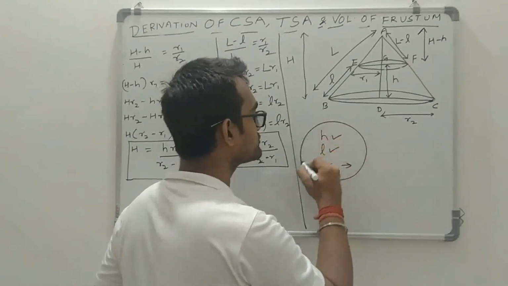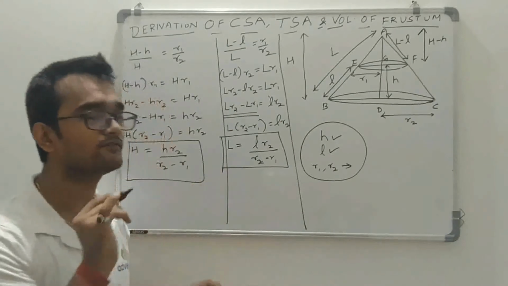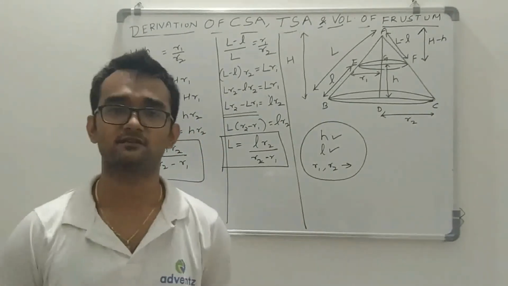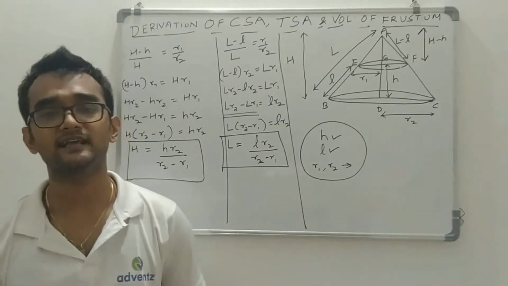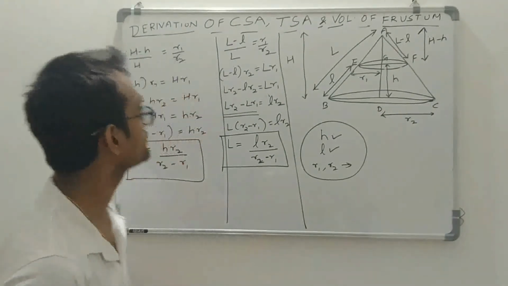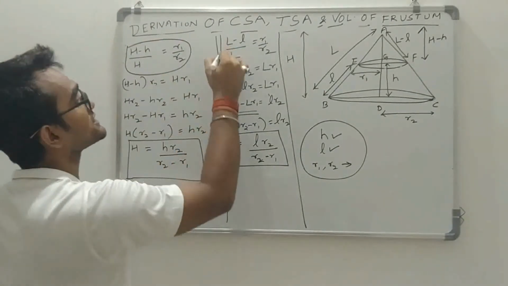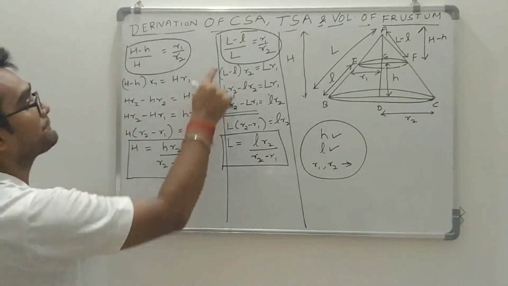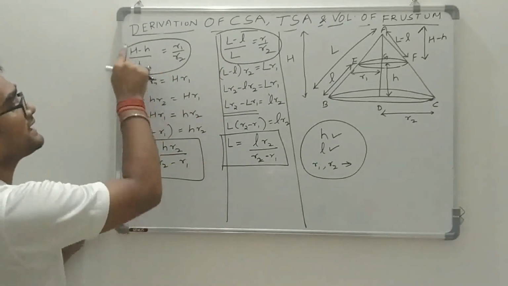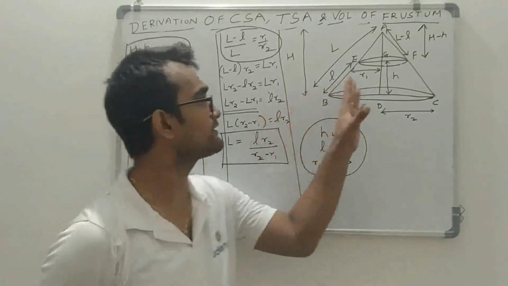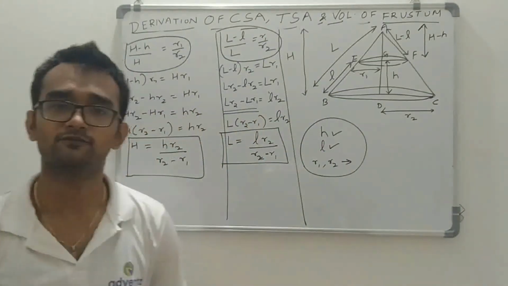Except these values, no other parameter will be involved in the different formulas of Frustum, that is CSA, TSA and volume. And you can see in this equation and this equation, only capital L and capital H are not involved in the different parameters of Frustum.